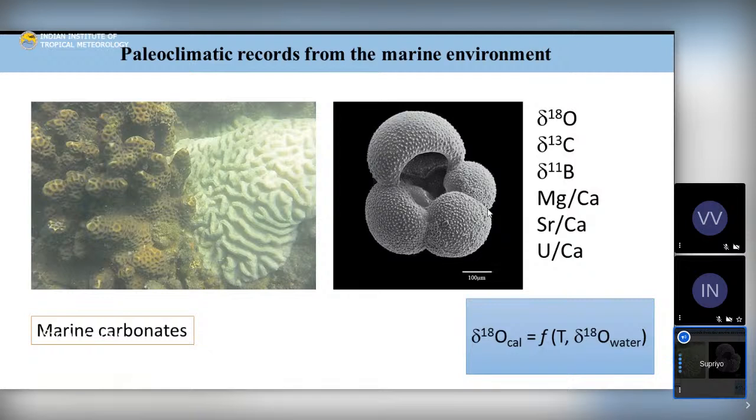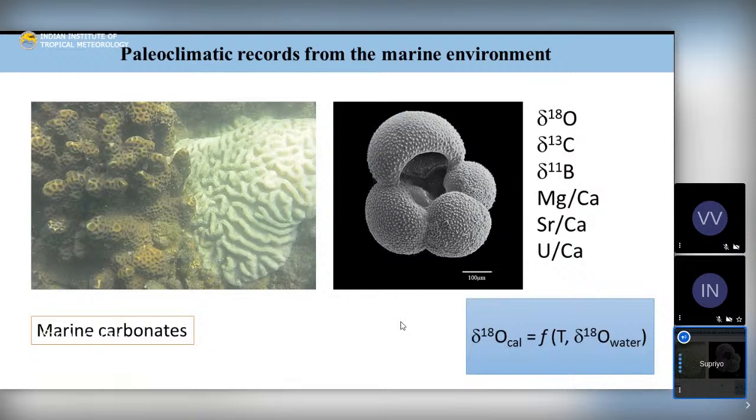So if both parameters are measured, strontium calcium will give the temperature information, and delta 18O will give both pieces of information, then it is in principle possible to reconstruct the past temperature as well as the delta 18O of water.